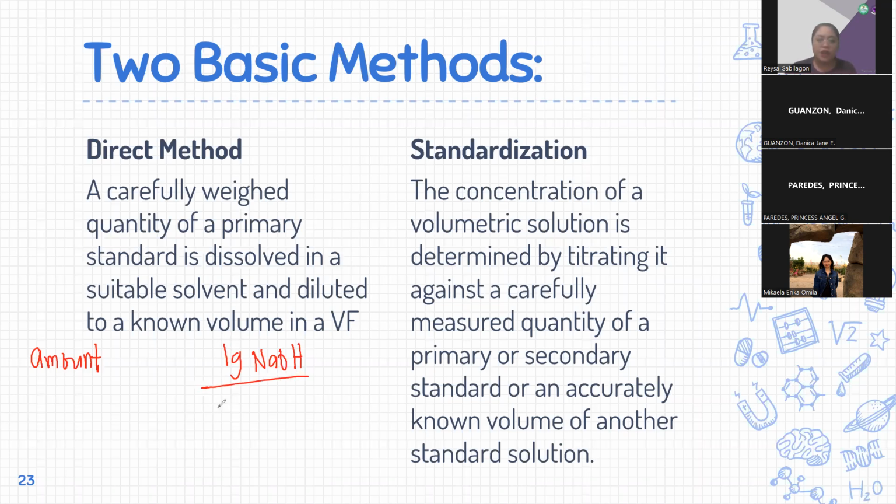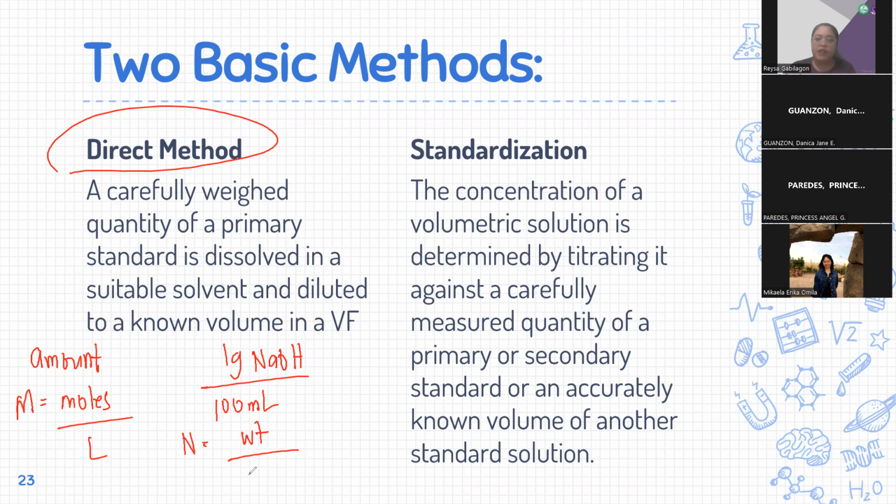So you dissolve this in a 100 ml solution, and automatically you can compute for either the normality or the molarity. That is why we call it a direct method. So just use our original formula for this. Molarity is moles per liter and normality is weight of the substance over volume times its milli-equivalent weight.